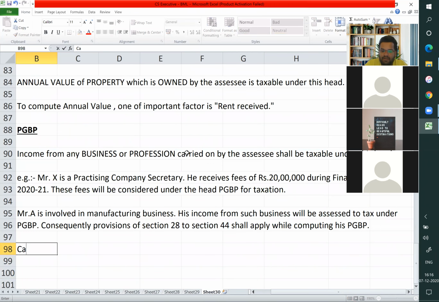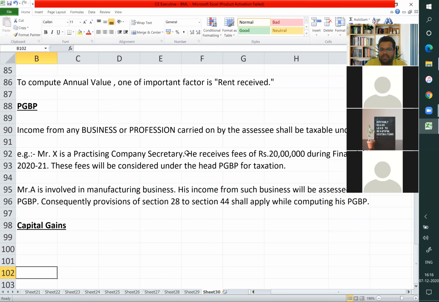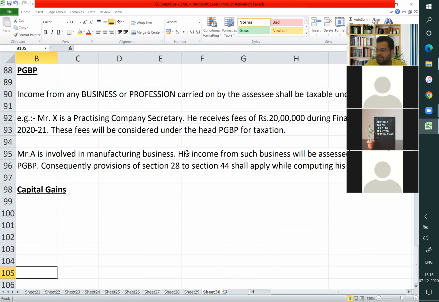Then which is the next head? So understand. Next head is capital gains.